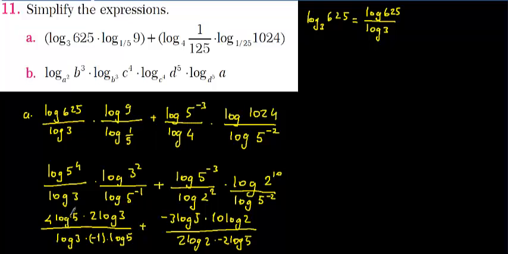Okay, if we simplify log 5 and log 5, log 3 and log 3, here 4 times 2 over minus 1, which is equal to minus 8. And here log 2 and log 2, if we simplify, this is 10 times log 5 and log 5 simplify, and here is going to be equal to minus 30 over minus 4.